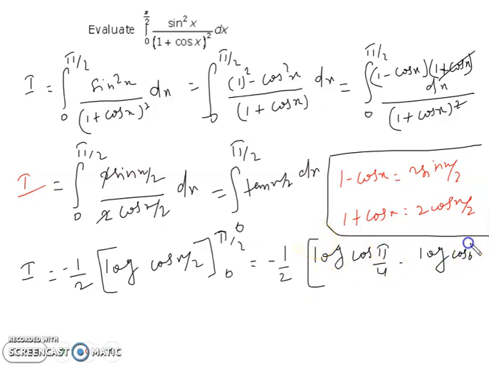Are you getting my points? So now it is 0 for the second term. Now you can write minus 1 by 2 log cos pi by 4, which means 1 by root 2.